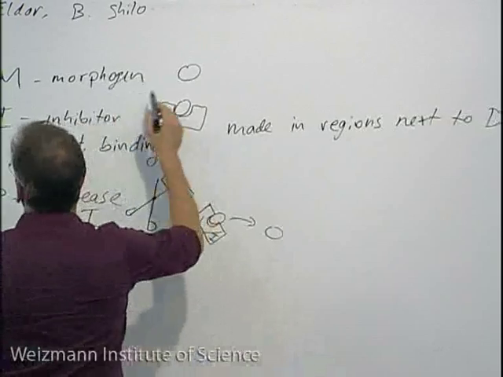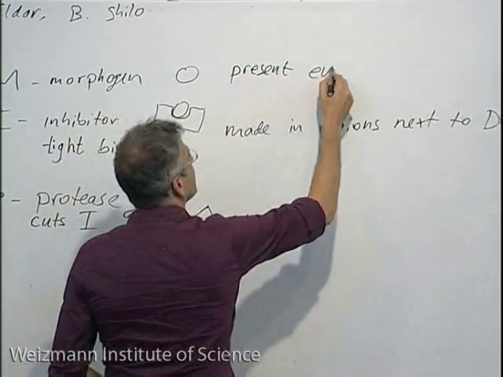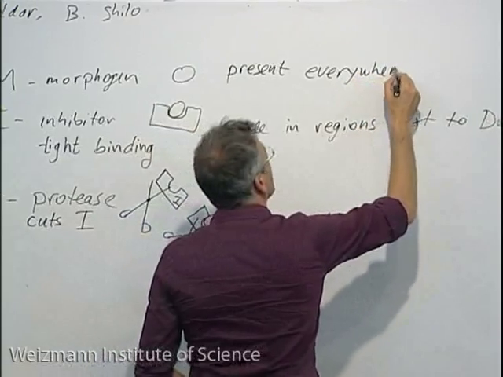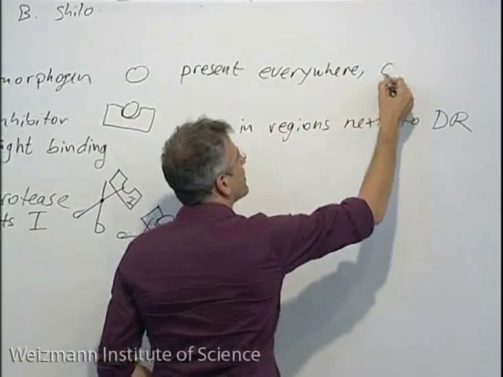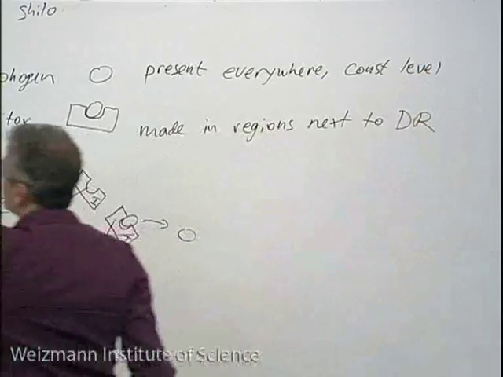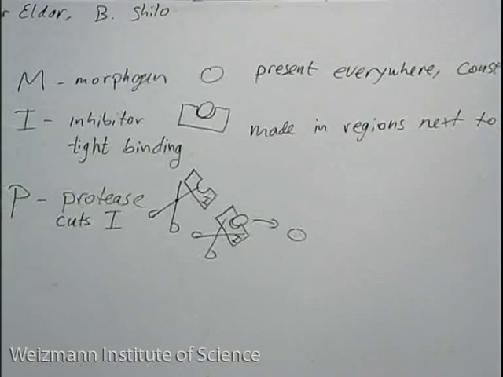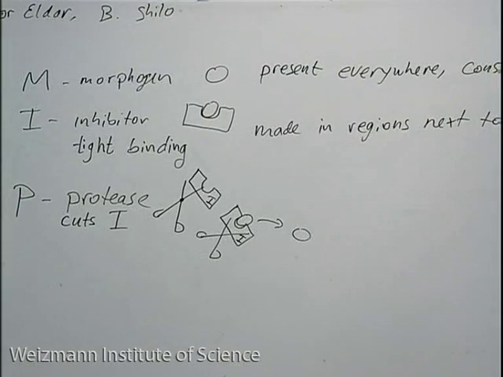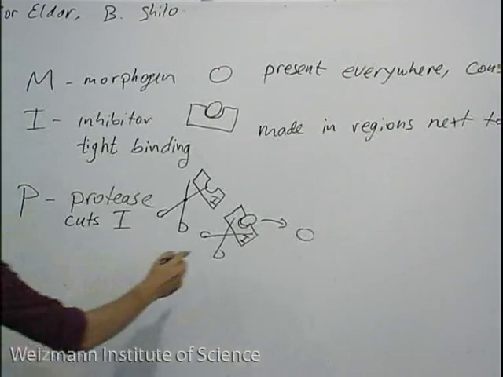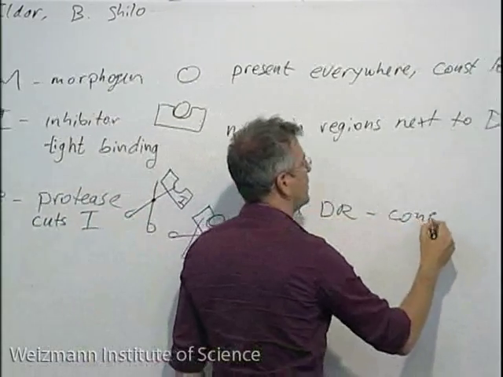The morphogen is present initially everywhere, at a constant level. So the morphogen is everywhere, and the protease is uniform in the dorsal region, also at a constant level.